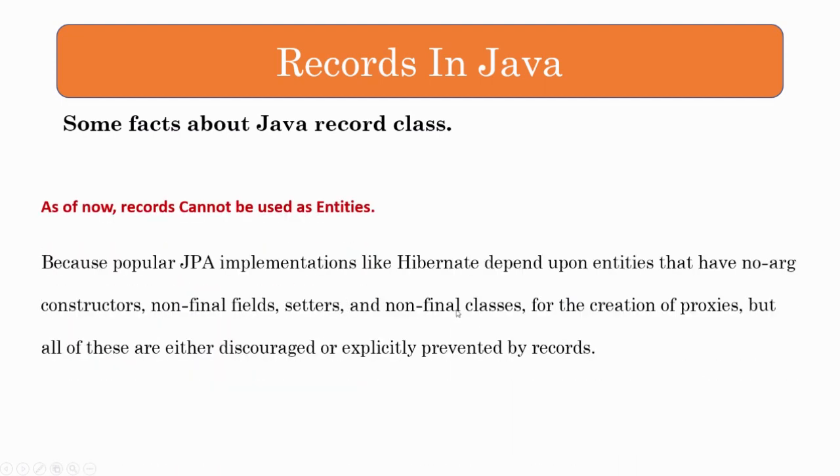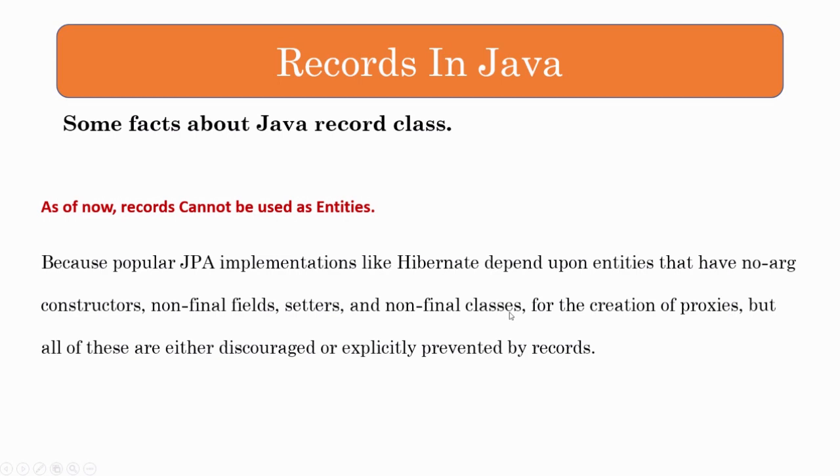So here, for now, records cannot be used as an entity class, maybe like persisting to our database as an entity, maybe using a JPA entity. Record cannot be used. Why? Because JPA implementations like Hibernate depend on entities that have no-arg constructors, non-final fields and setters. It needs setters and non-final classes.